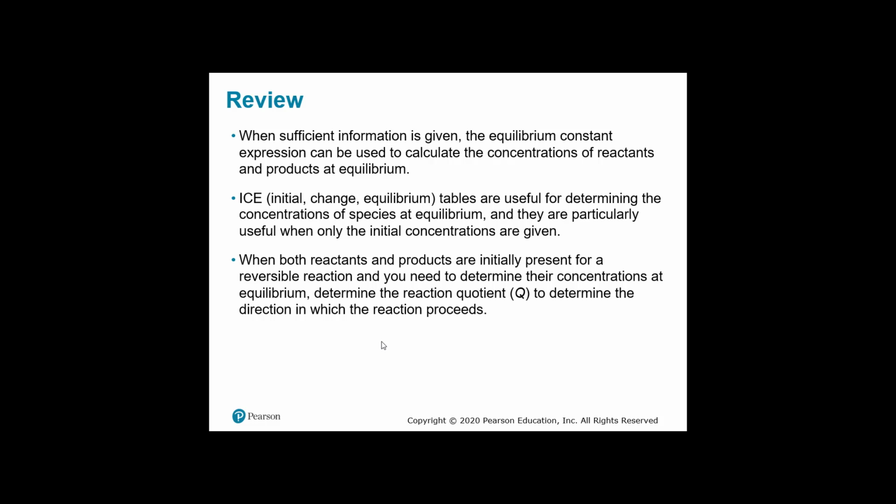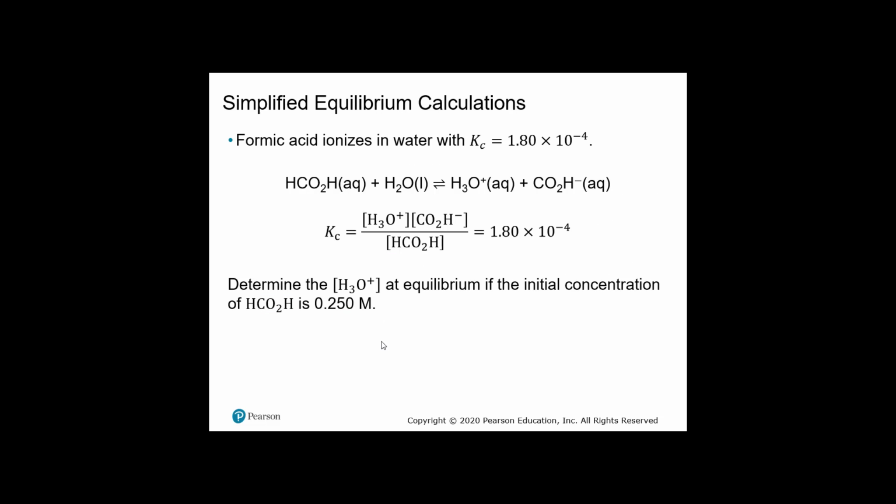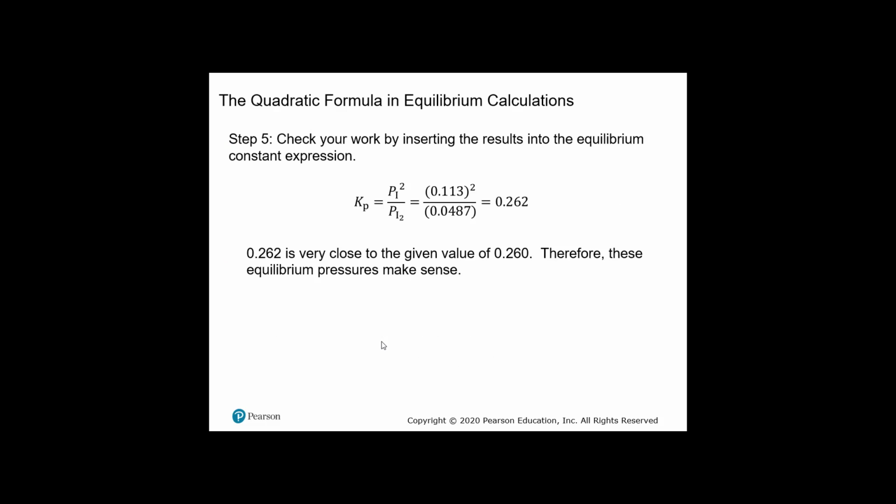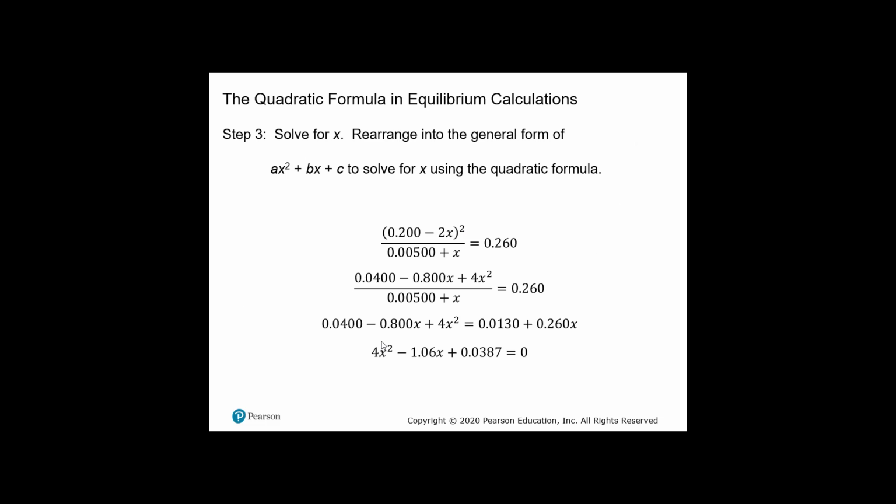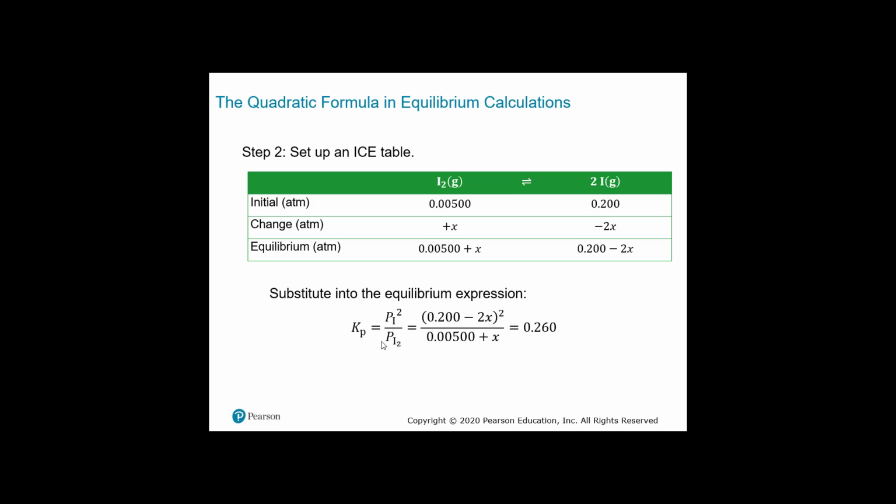When both reactants and products are initially present for a reversible reaction, then we need to determine their concentrations at equilibrium. We need to plug in Q because that's going to tell you the direction of the reaction. And as you can see with the other one, if you just went straight with not doing Q, where is it now? I don't remember. I think it's this one.